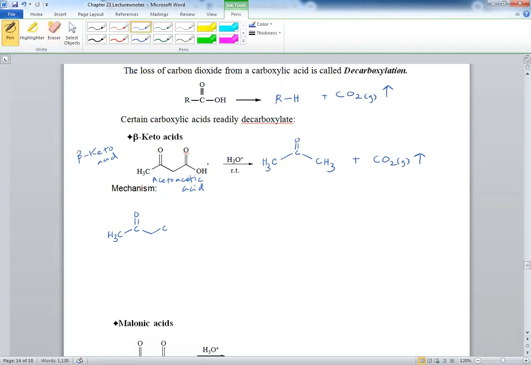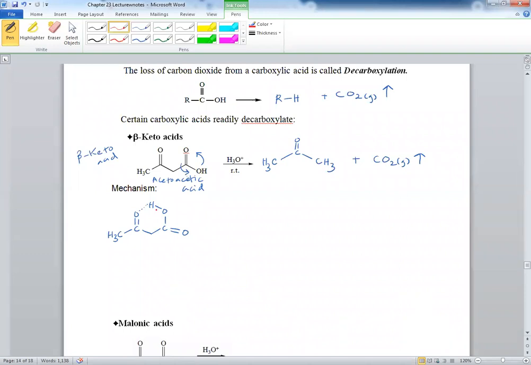We're going to rotate this, switch these two. So you can rotate this that way, and you have the OH, and then you have the carbonyl oxygen. Okay, what's going to happen is I'm going to draw a dotted line there, and then we're going to use a different color.